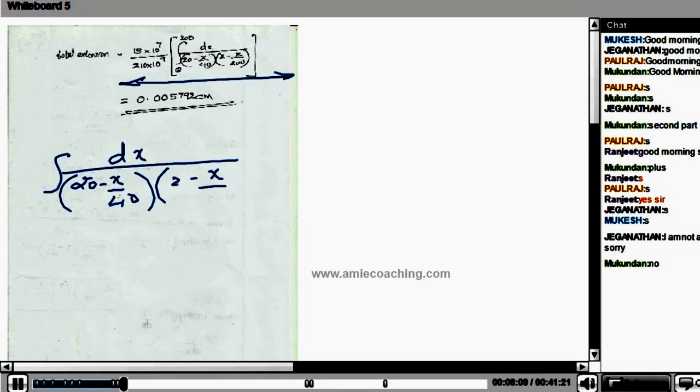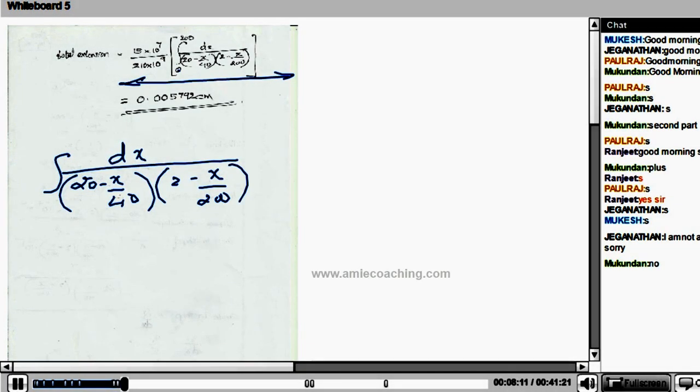dx divided by (20 minus x divided by 40) into (2 minus x divided by 200). So you can proceed like ln 20 minus 40 plus ln 2 minus x by 200. Like that you can write and then proceed, isn't it?